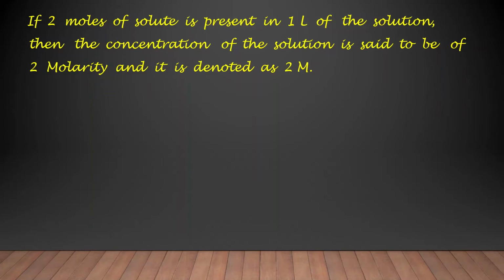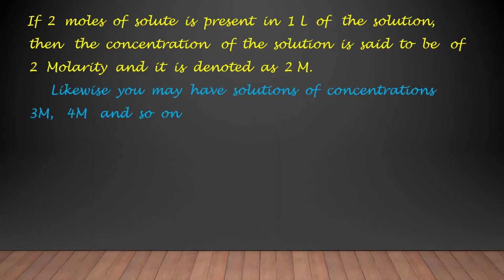If 2 moles of solute are present in 1 liter of solution, then the concentration is 2 molarity. Likewise you may have solutions of concentration 3 molarity, 4 molarity and so on. So 3 molarity means 3 moles of the solute are present in 1 liter.